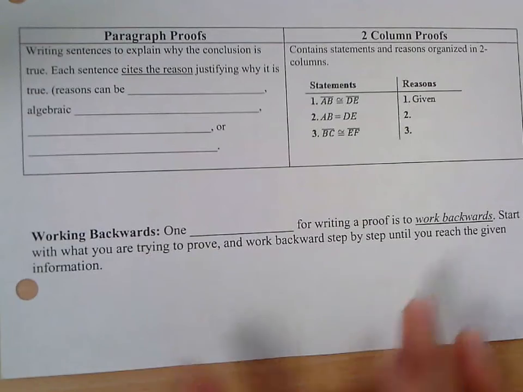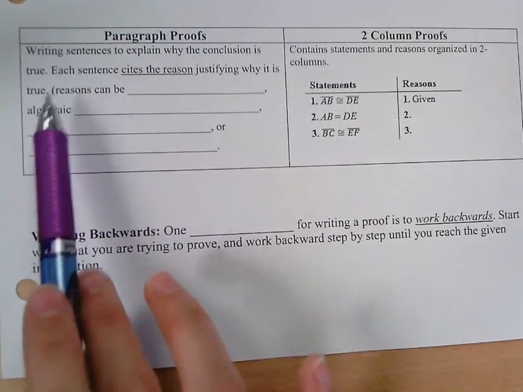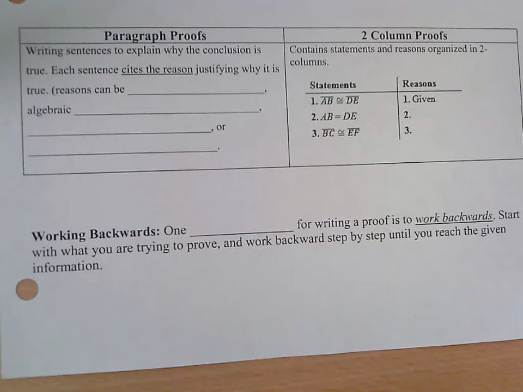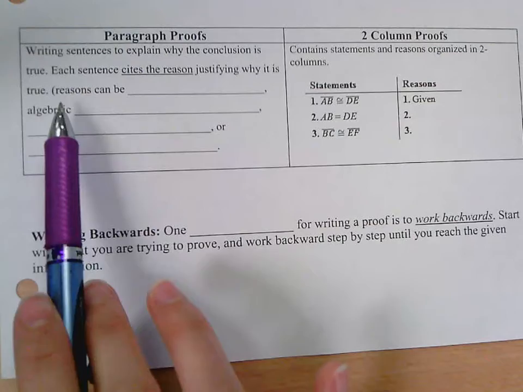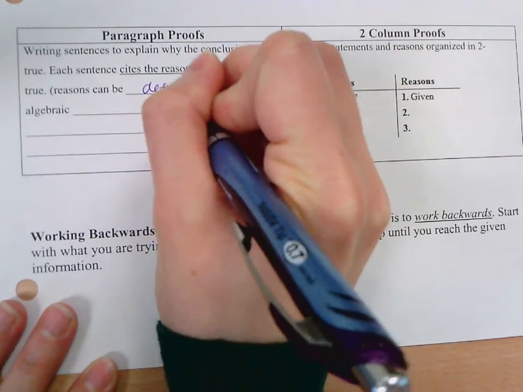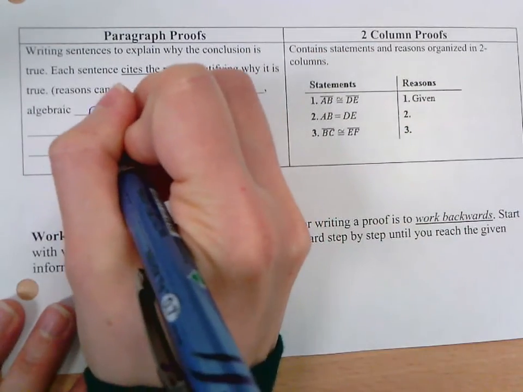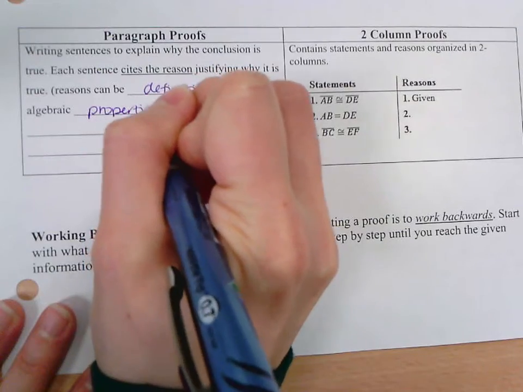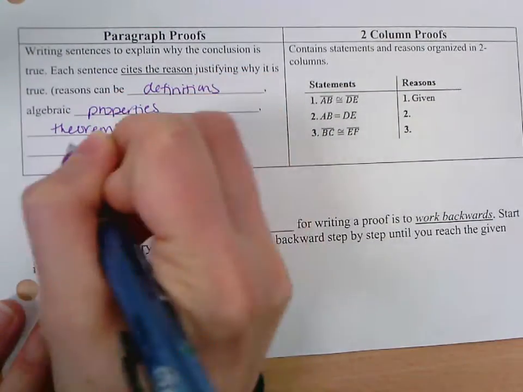So then I did want to share with you, when we write paragraph proofs, these are full sentences in the form of a paragraph explaining why the conclusion is true. So each sentence would cite a reason justifying why it's true. And so these reasons can be definitions, algebraic properties, theorems, or postulates.